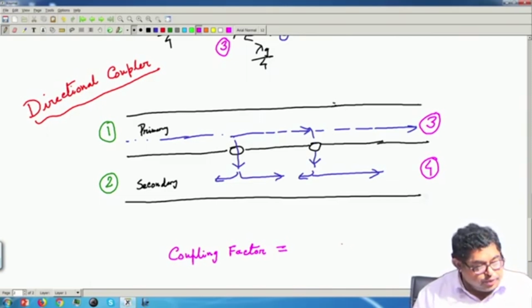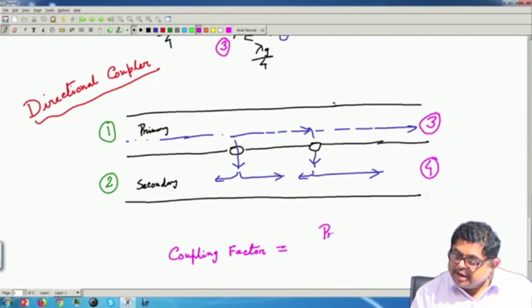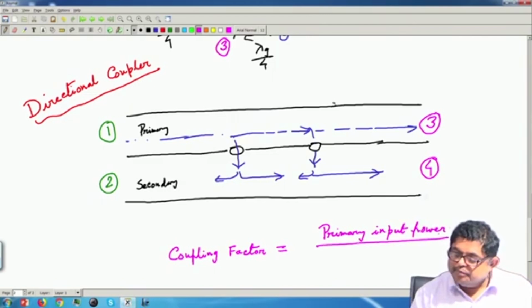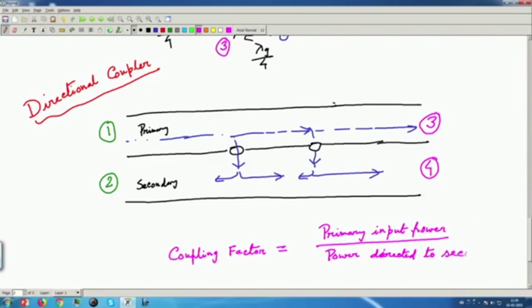So, this is primary input power by the power directed to secondary output, that means output in the secondary guide.